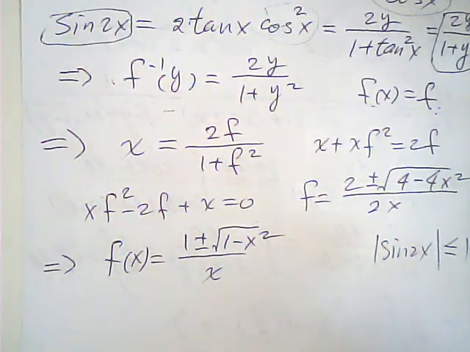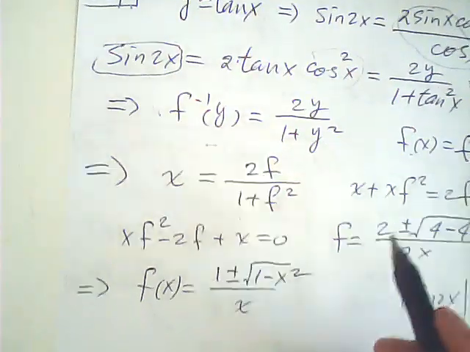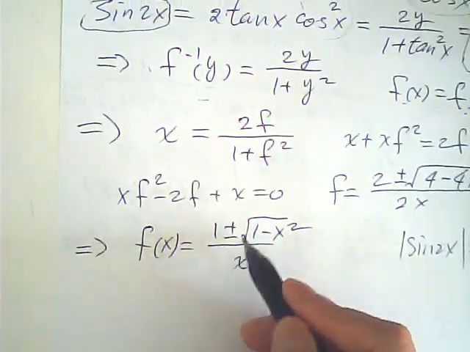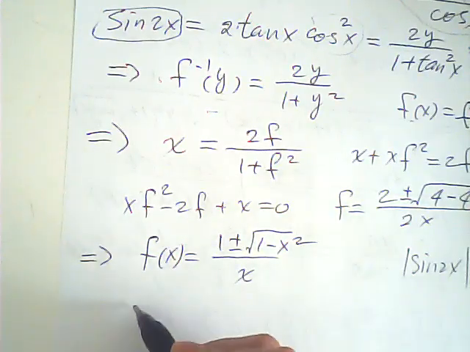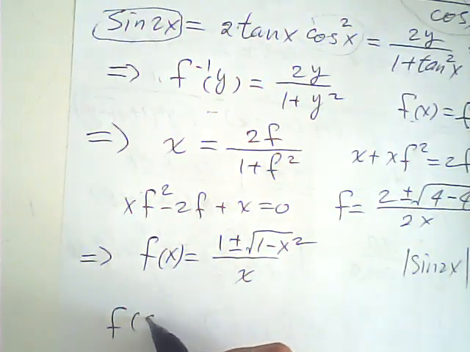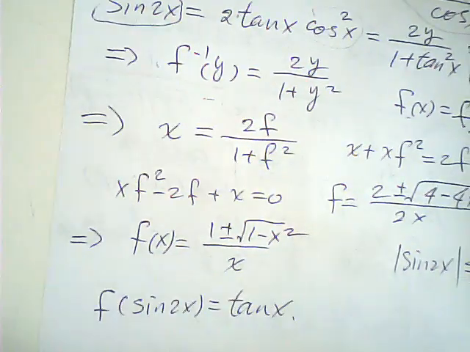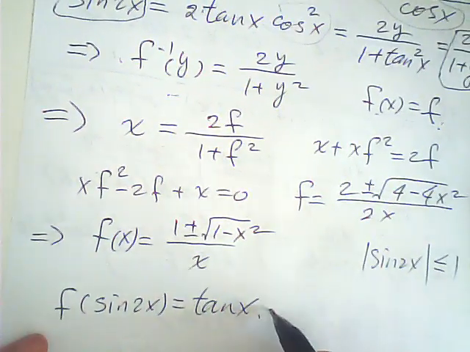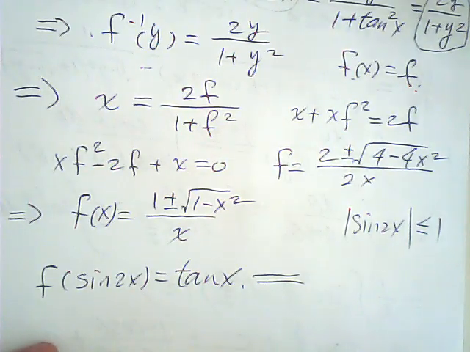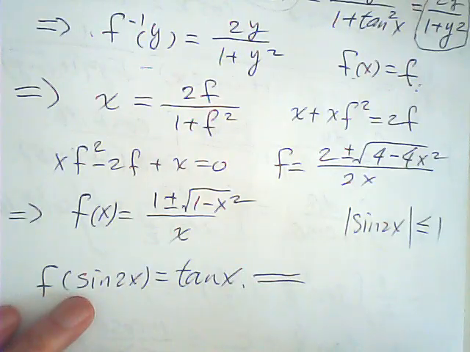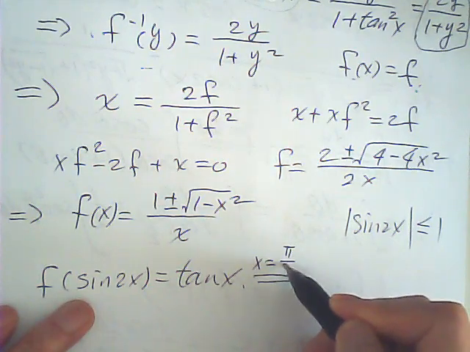But if you don't feel comfortable, now let me do it this way. This is another way of choosing plus or minus. Okay, we have f of sine 2x equal to tangent x. Let's choose x to be pi over 12.